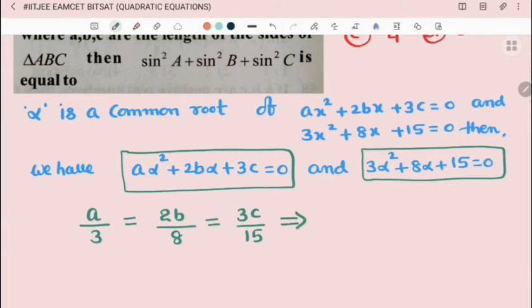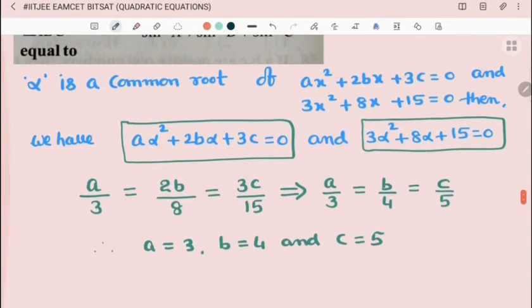That implies that we will simplify: a by 3 is equal to b by 4, 2 ones are 2, 4s are 8; c divided by 3 ones are 3, 5s are 15. Therefore, the values of a, b, c we can get as a is equal to 3, b is equal to 4 and c is equal to 5.